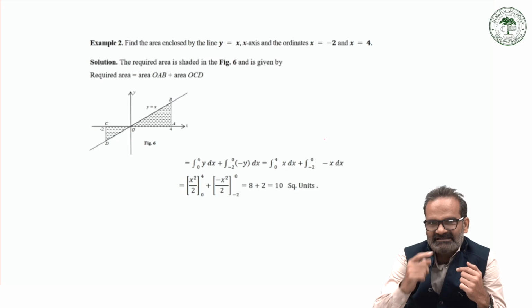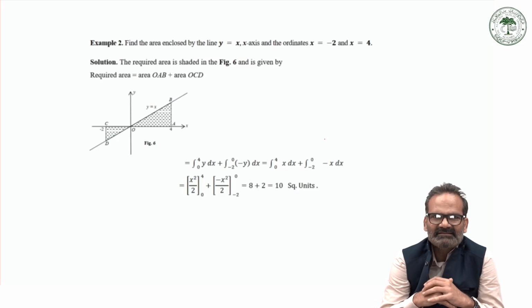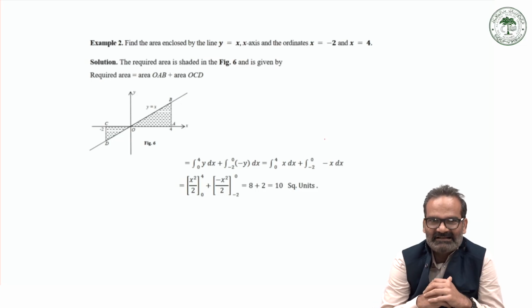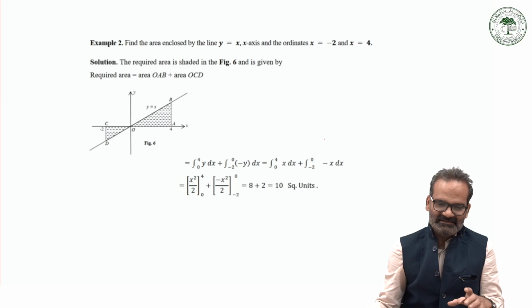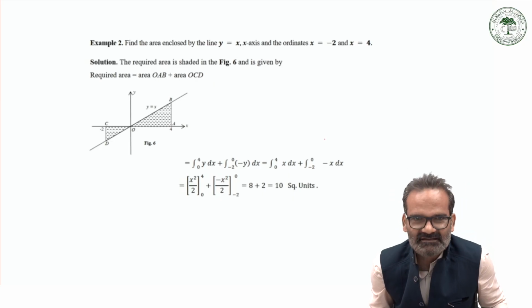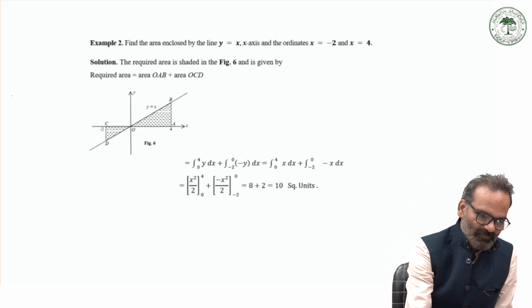So let us take the example of case 2. Fortunately, here is another example. Find the area enclosed by the line y equals x, the x-axis, and the ordinates x equals minus 2 and x equals 4. In the last two exercises, the ordinates were positive.